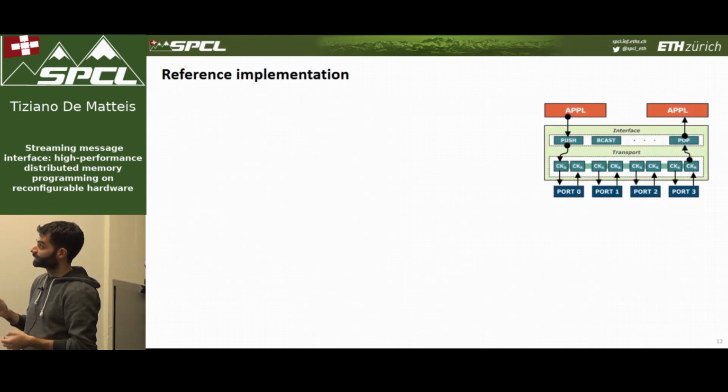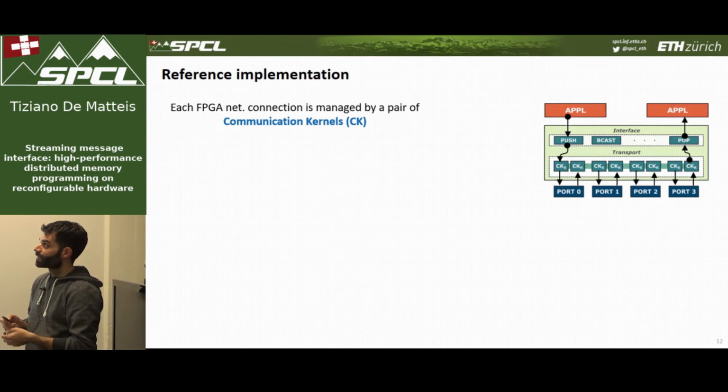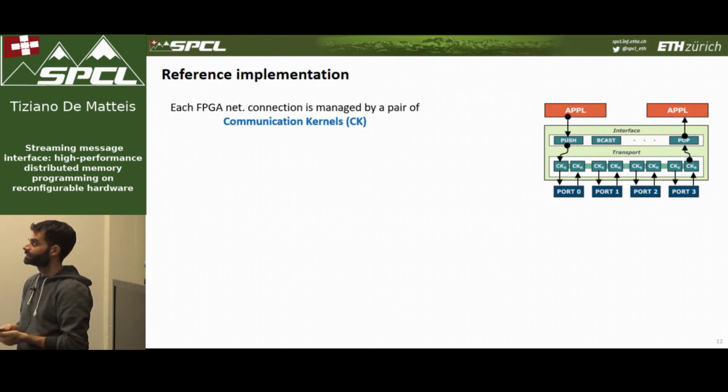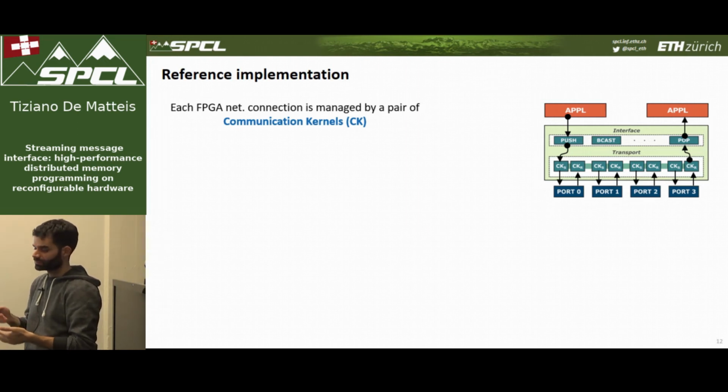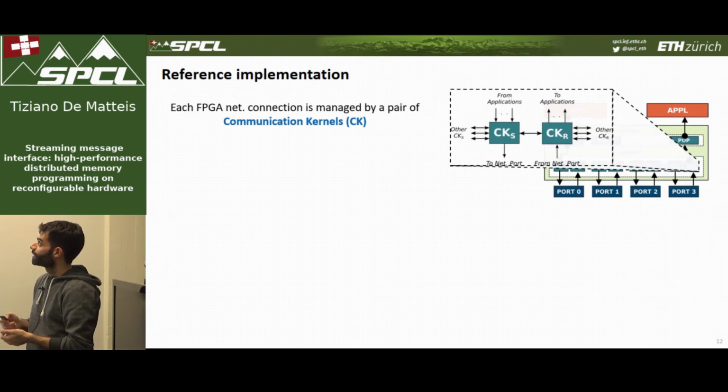Regarding the transport component, each network connection is managed by a different pair of communication kernels in order to not have a single centralization point. These communication kernels are organized in the following way. We have a sender and a receiving communication kernel. They are connected to the application, and they are also interconnected with each other in order to forward the data properly.